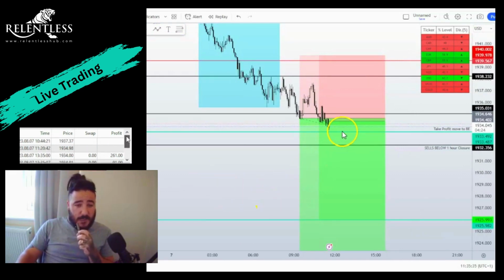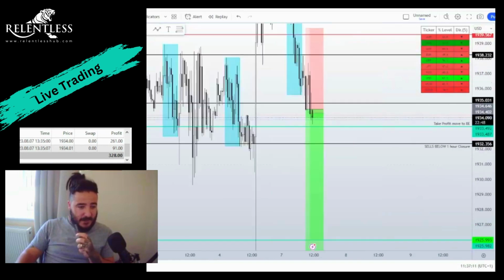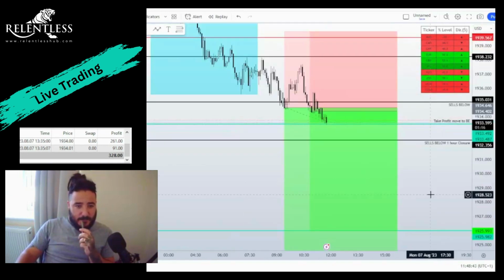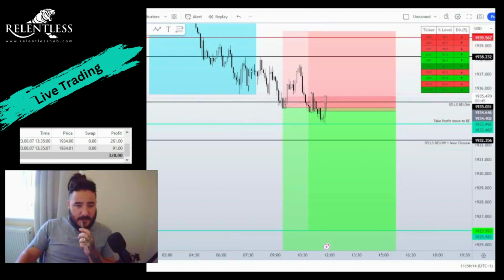Now, price does tap this area and then does start pushing back up. So it was fantastic when you're seeing price, I'll just speed this up. It does tend to tap this area and then see how price starts pushing back up.